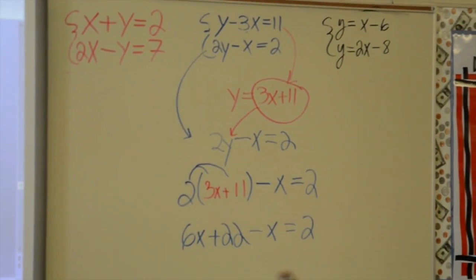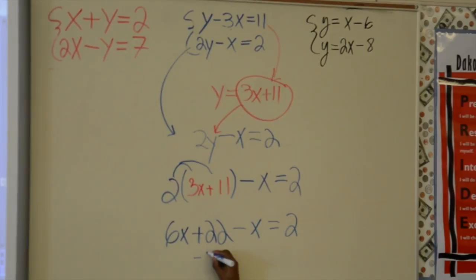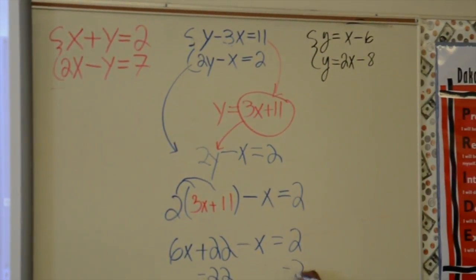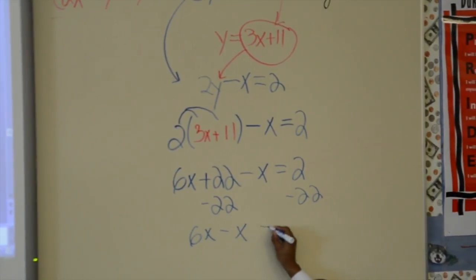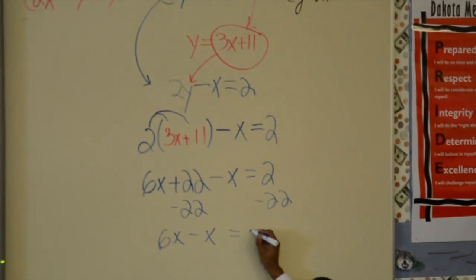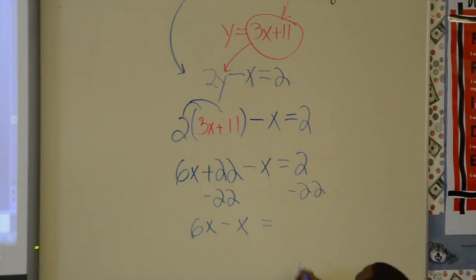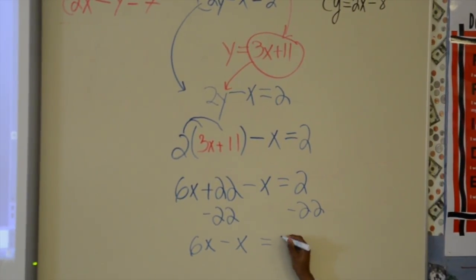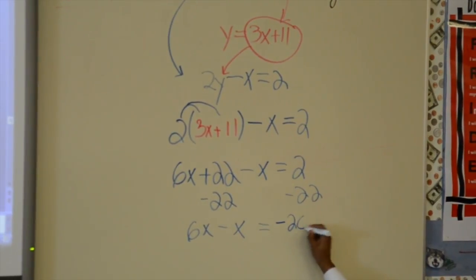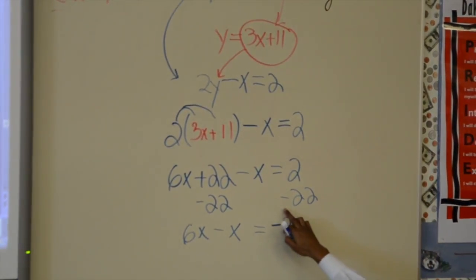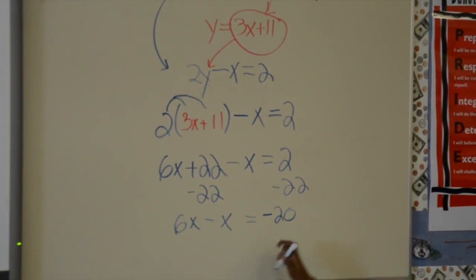Okay, you can subtract 22. Then you have 6x minus x is equal to negative what? Negative 20, because 2 plus negative 22 is negative 20.